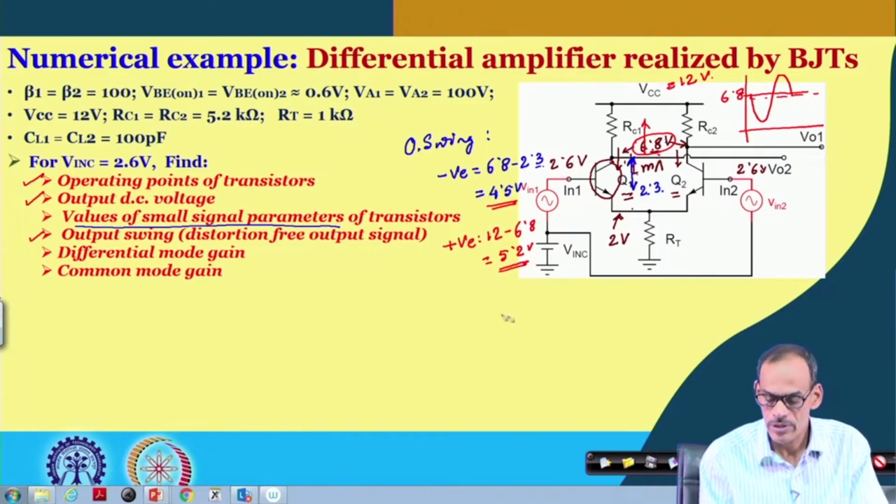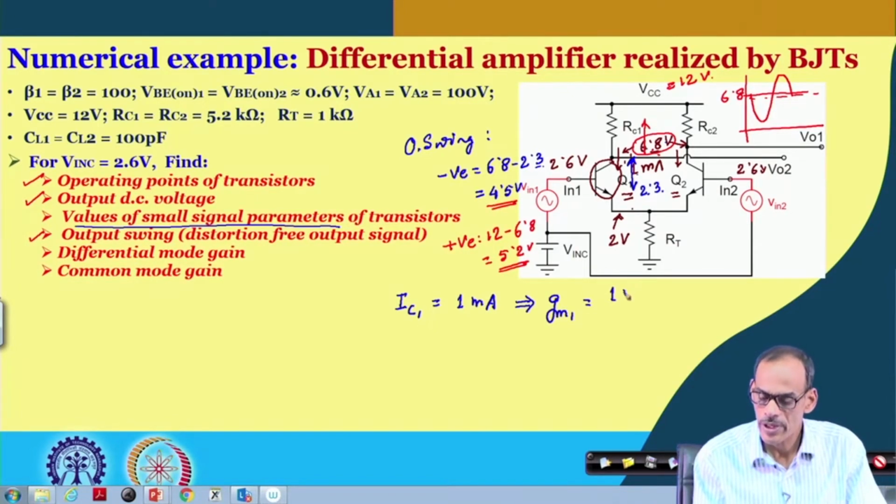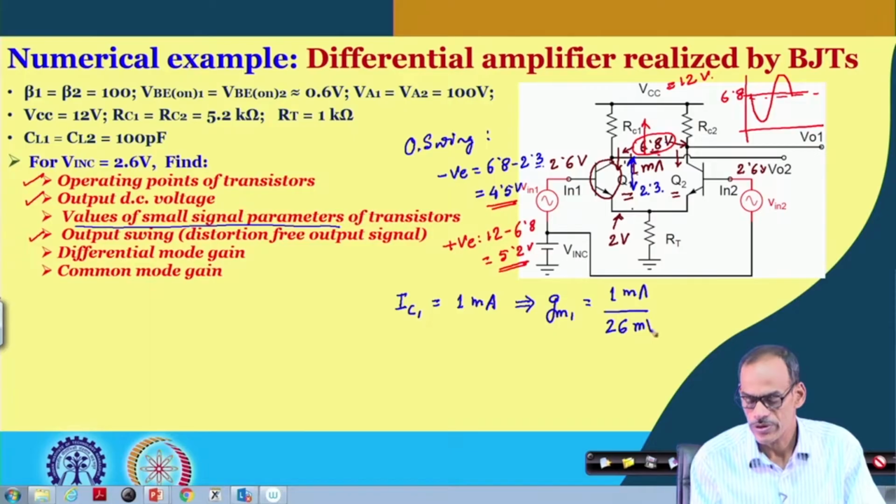So, we do have the collector current Ic equal to 1 milliampere, and that gives us gm equal to 1 milliampere divided by 26 millivolt, if I consider the thermal voltage to be 26 millivolt.